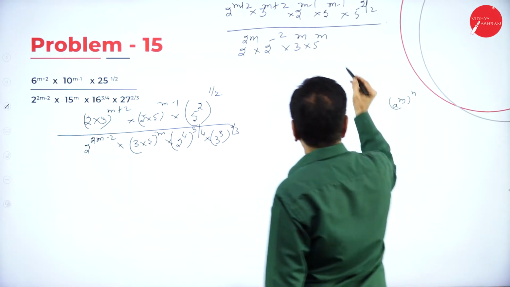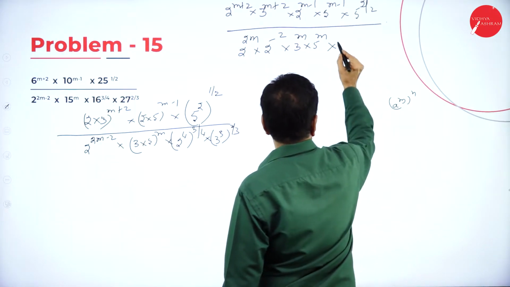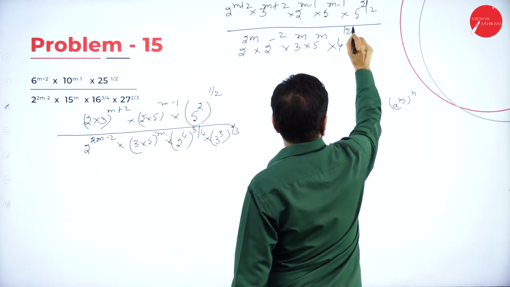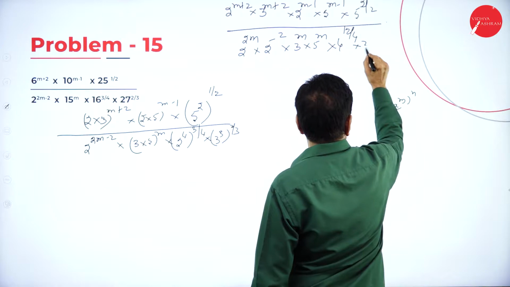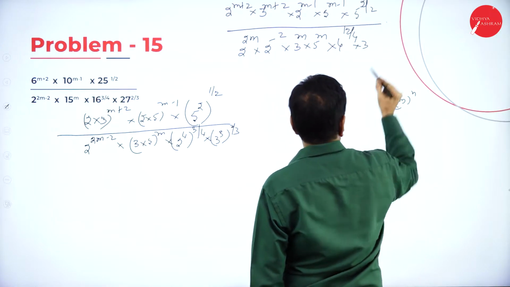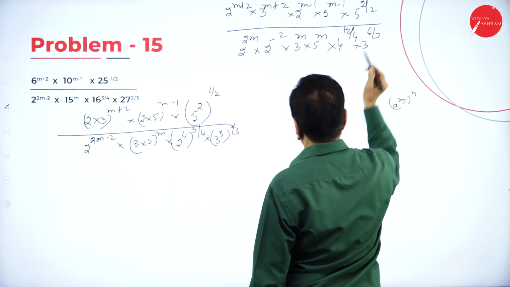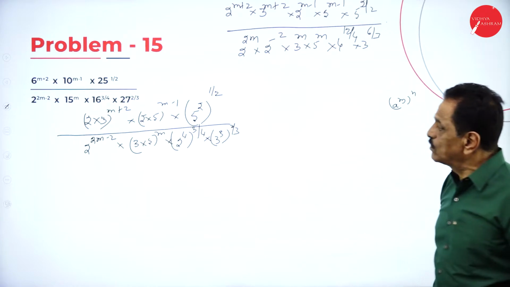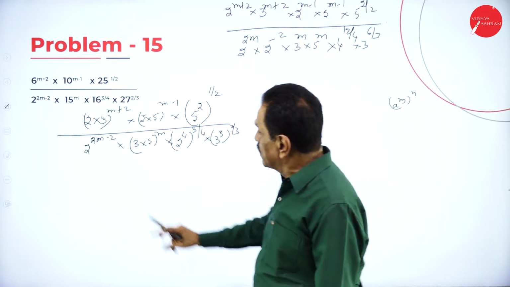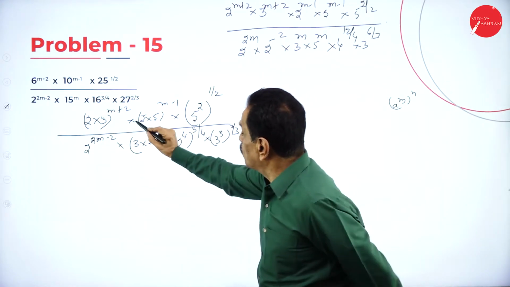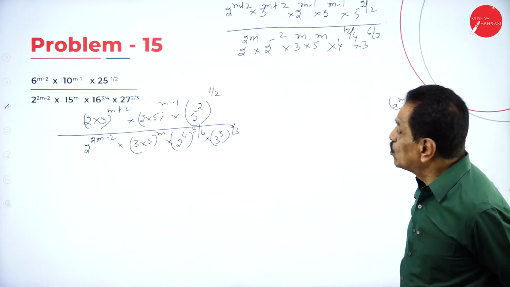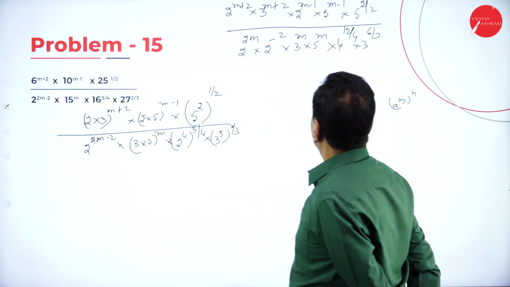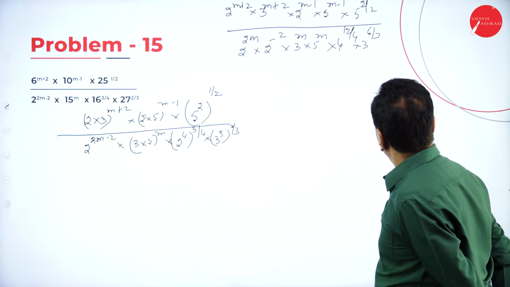This can be written as 4 into 12 divided by 4. Then this can be written as 3 into 6 divided by 3. So I have simplified this: 2 to the power of m plus 2, 3 to the power of m plus 2, 2 to the power of m minus 1, 5 to the power of m minus 1.